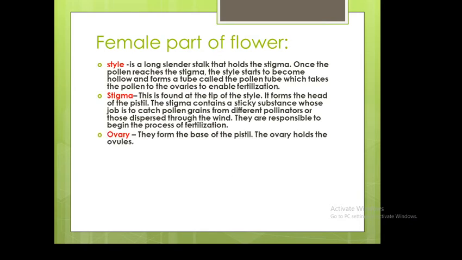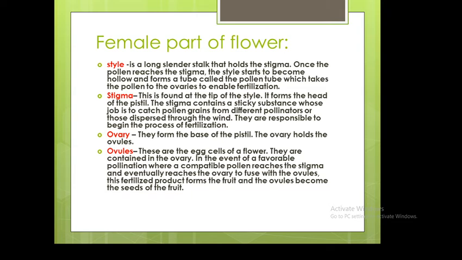Let's see now the female part function. The style is a long slender stalk that holds the stigma and helps in fertilization. Stigma is the head part of the pistil, which contains a sticky substance to help pollen get stuck, and it also helps in the process of fertilization.